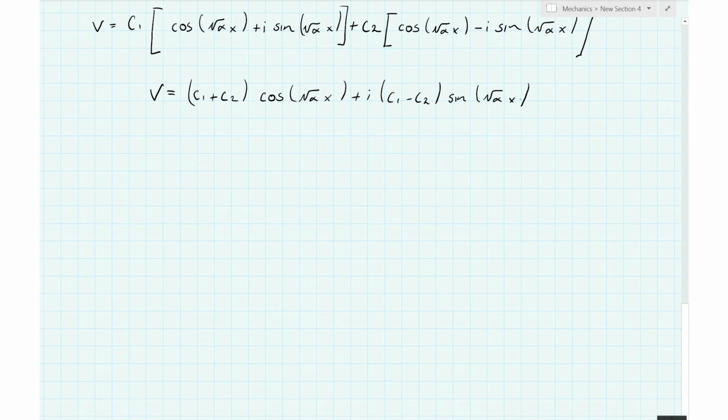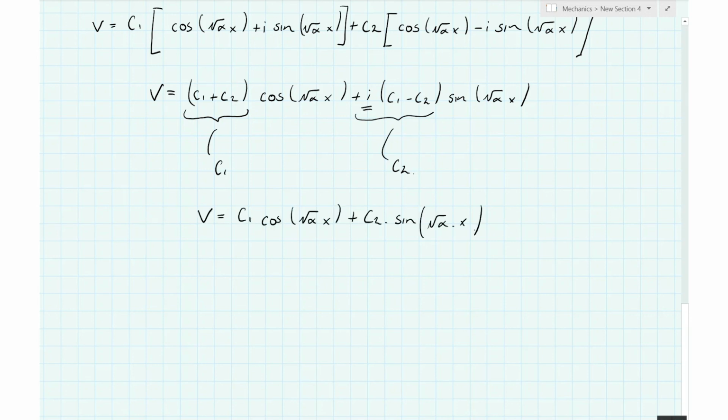You still have these C1 and C2s and you still have an i in here, but if you think about it, they're just constants. So arbitrary constants, I can just replace that by another arbitrary constant C1, and I'm going to replace this with another arbitrary constant C2. And that's how we end up with our general solution to the differential equation.